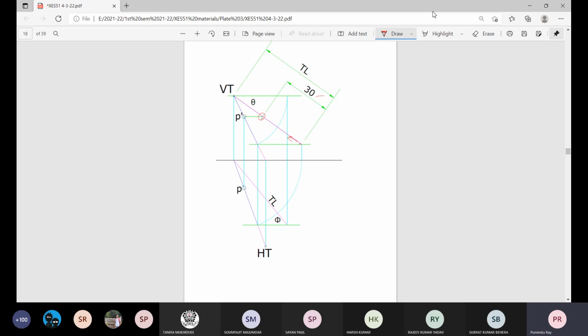This is the location of the point P. And now we come back to its original elevation. So this is the elevation of point P. And the rest of the thing is very simple. The plan will be on the projector passing through the elevation of P, and the plan will be located definitely on the line, the original plan here. Okay. So find the true length.